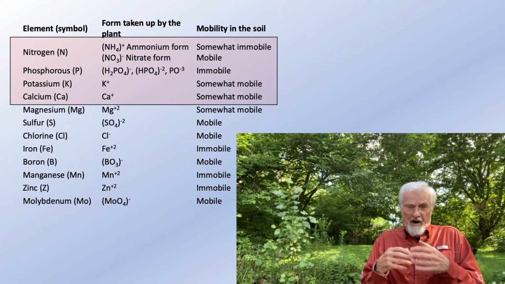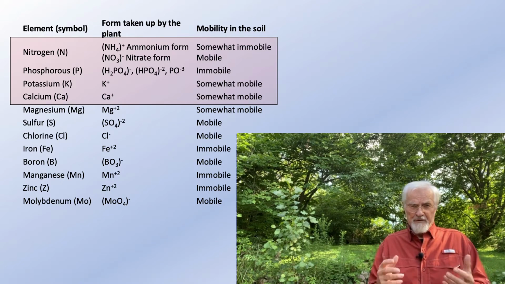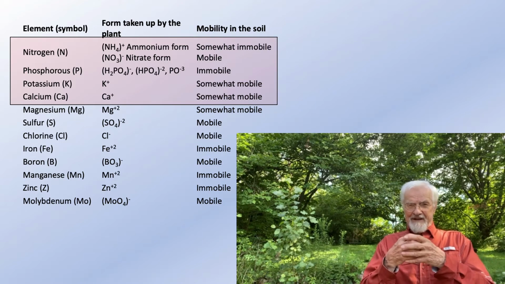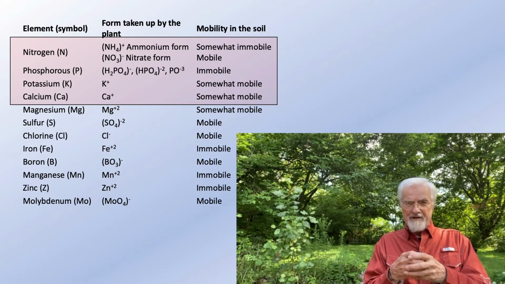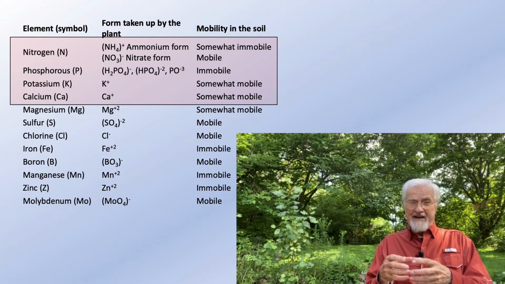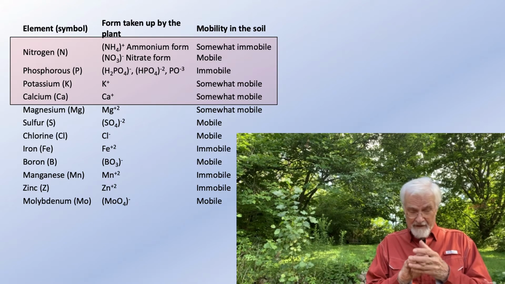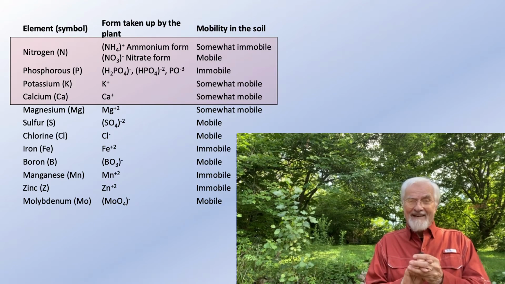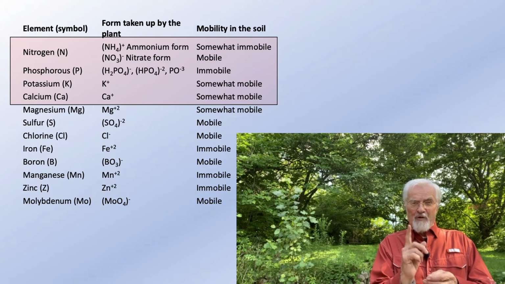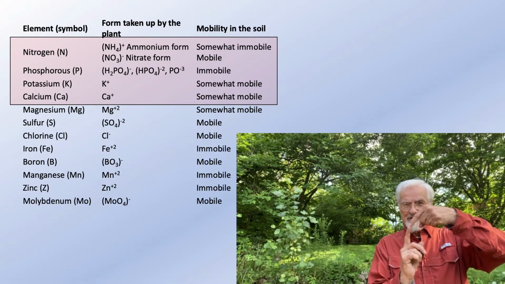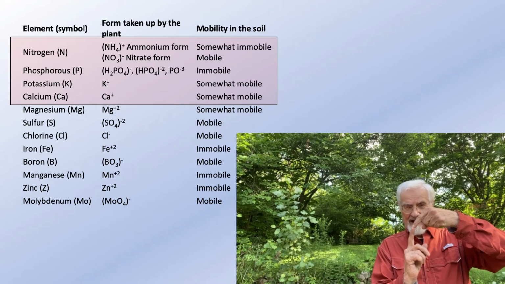Now, what you can automatically see, I don't need to tell you this, is that if those ions are in the solution along with the colloidal particles, they are going to be attracted to the colloidal particles. A negative charge on one piece of clay, for example, is going to attract one cation to be adsorbed onto it.